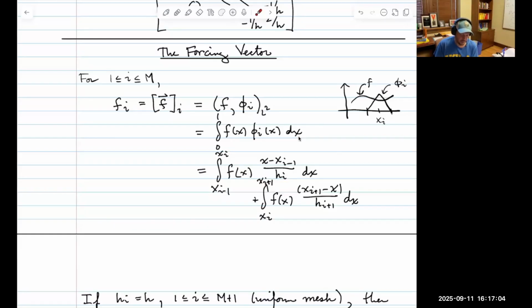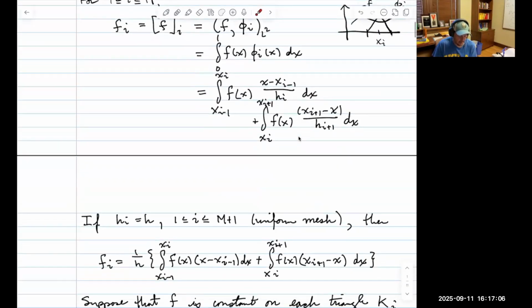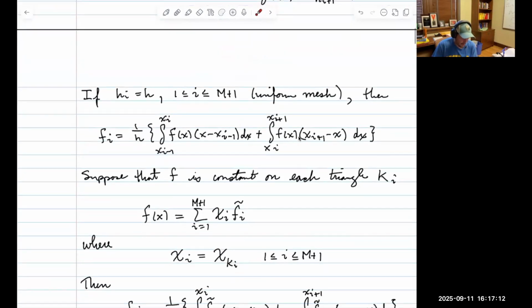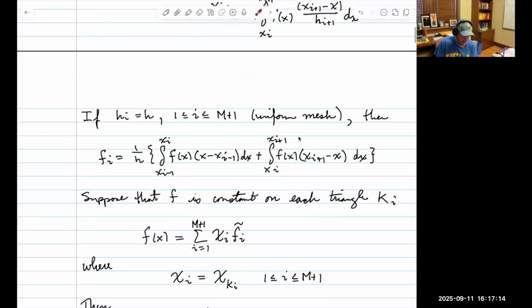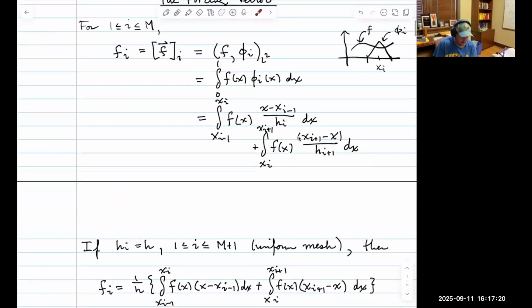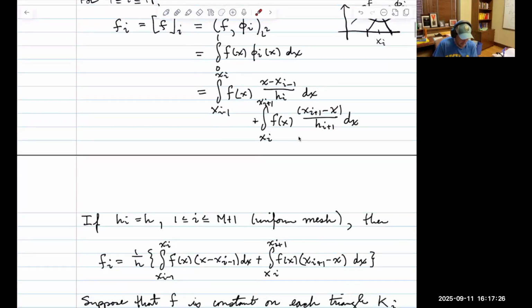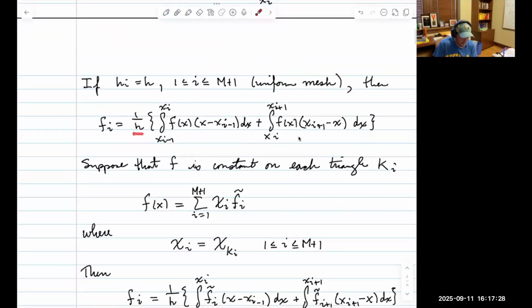But let me give you some indication of what it looks like in terms of values. So let's suppose that, and by the way, another way of writing it for a uniform mesh is like that. All I've done there is take the assumption at face value that hi and hi plus 1 are both equal to this common value h. So I can pull that common factor out.